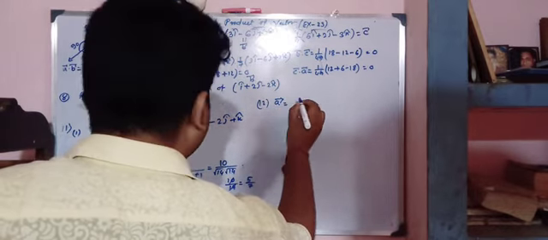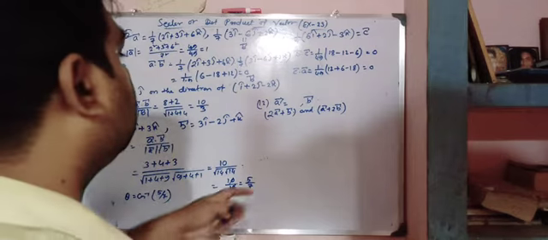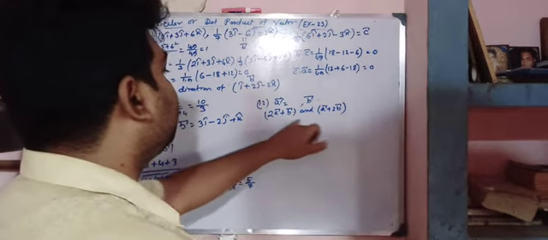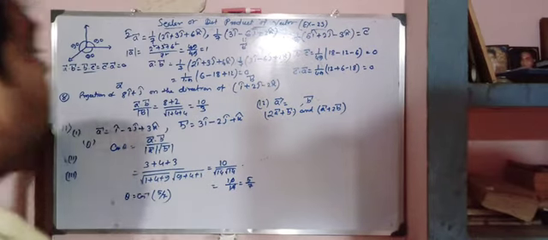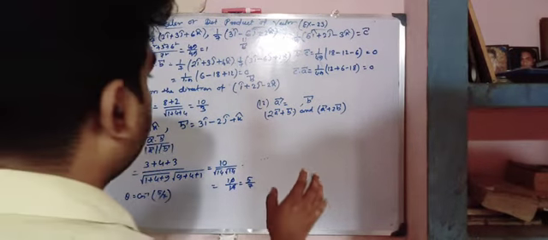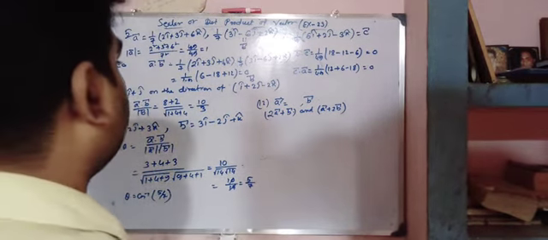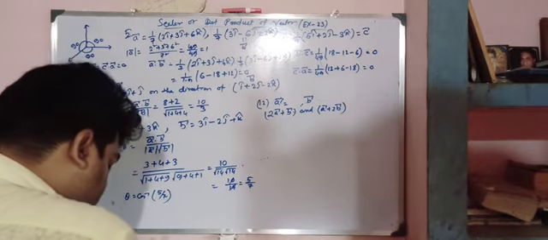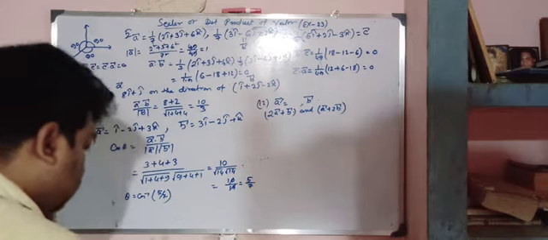A vector is given in the form of I cap, j cap, k cap, and B vector is also given. We have to find the angle between these two vectors. First we add the vectors, and then we find the angle between them. That is a very easy process, so I am skipping this math. Next, move to another question.